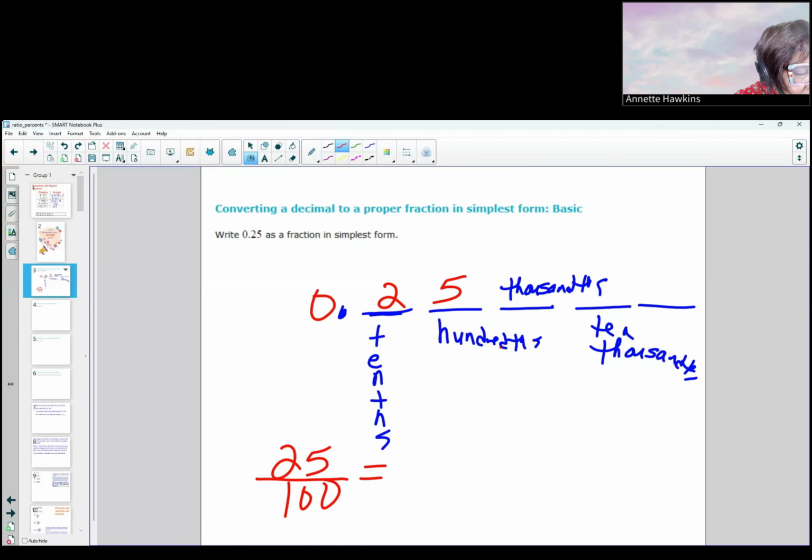Now we see that this ends in a 5 and this ends in a 0. So we can use 5 to divide into each one of these. 5 will go into 25 5 times. 5 will go into 100 20 times. But now we can do this again. 5 into 5, 1. 5 into 20, 4. So we could have used 25 to divide into both of these.